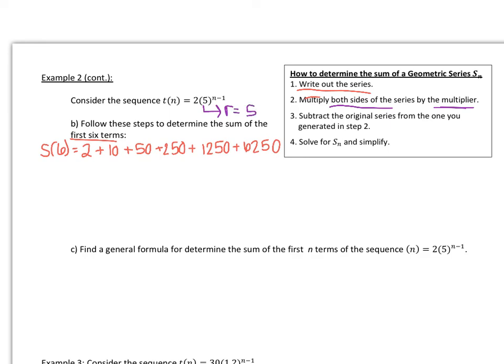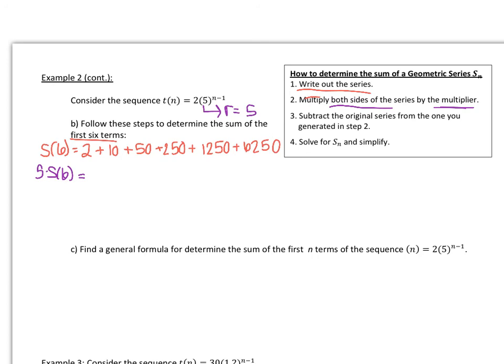So what step 2 is saying is take 5 and multiply it by both sides of the equation that we just set up, which means I'm going to multiply this by 5, the S of 6, which means the sum of the first 6 terms, and then each of these by 5 as well. So when I multiply the left-hand side of my equation by 5, I just have 5 times S of 6 equals.